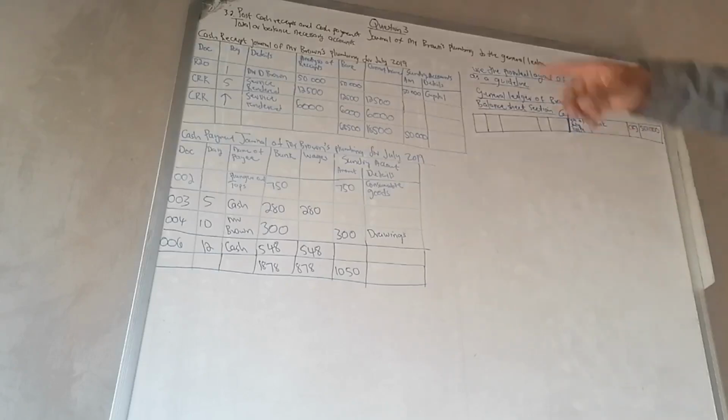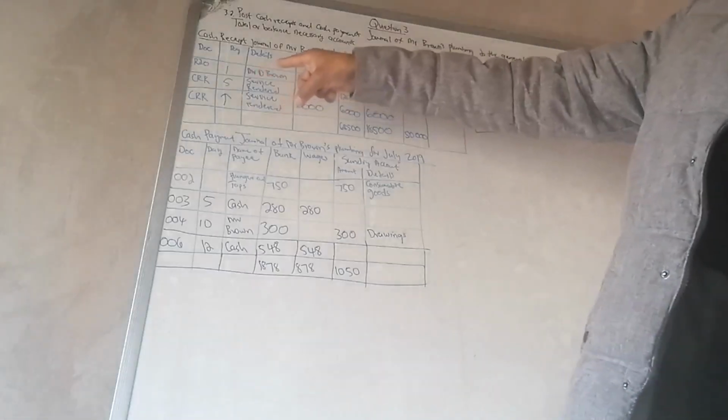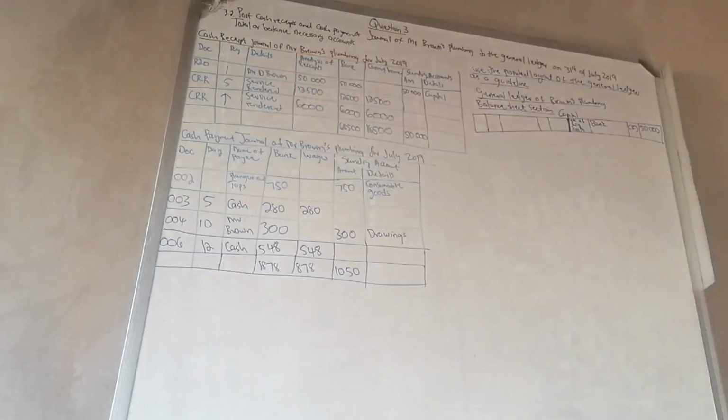Obviously it was deposited to Mr. Brown, maybe as a startup capital for the business. The capital was deposited to Mr. D. Brown, the owner of the business, as a startup capital.